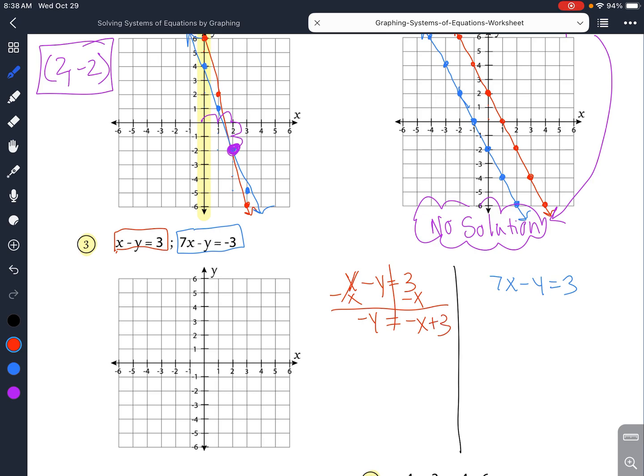And then I notice here that I still have a negative in front of my y, but we cannot just leave it like that. It has to be a positive y. So when you have that negative in front of the y like that, that's really like a -1 as a coefficient. So what we're going to do is divide everything by -1.